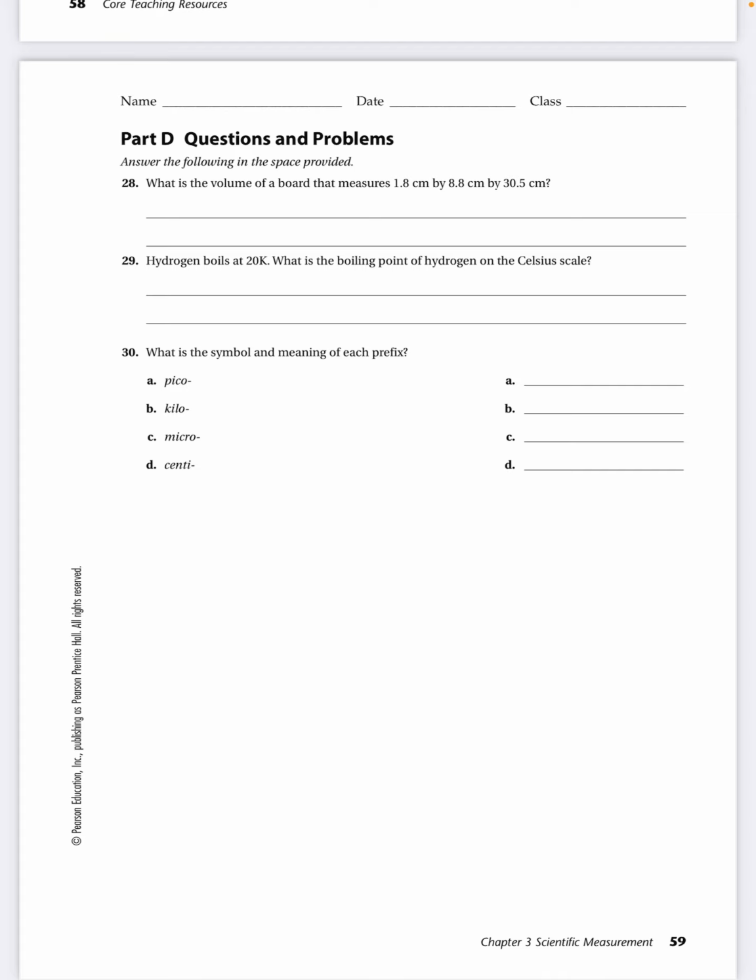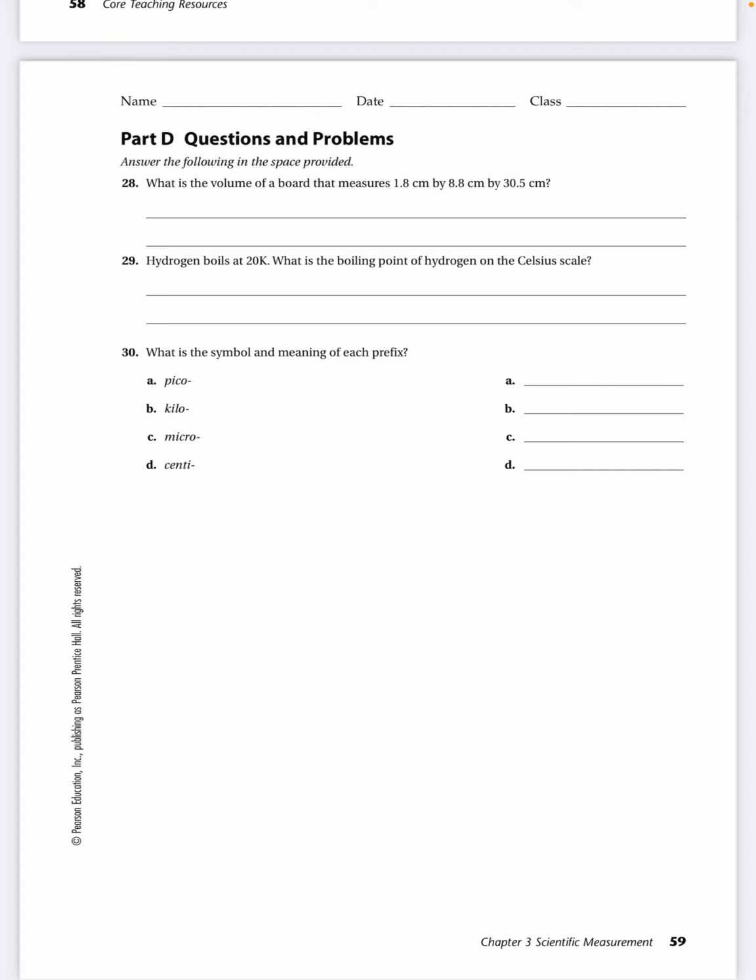There's only one thing you need to look out for here. This board is basically a rectangular solid, and you would get the volume by measuring the length times the width times the height. So you would do 30.5 by the width, 8.8, by the height or thickness of the board, 1.8. And when you get that answer, don't forget, you also multiplied centimeter times centimeter times centimeter to get centimeters cubed or cubic centimeters as your units.